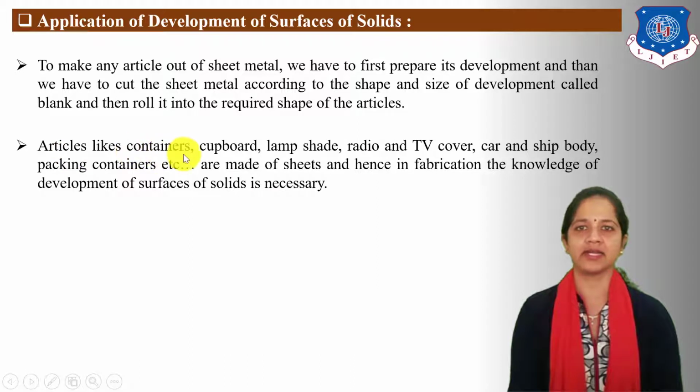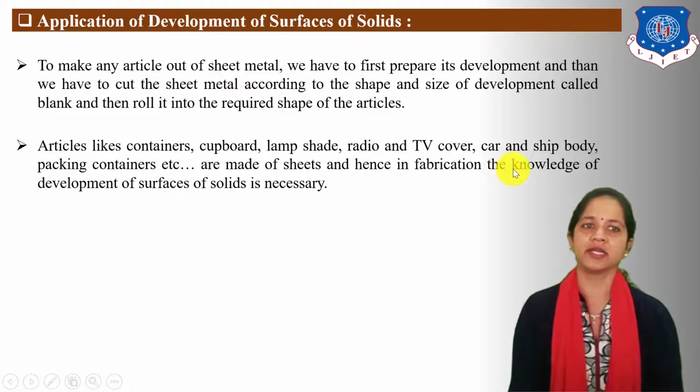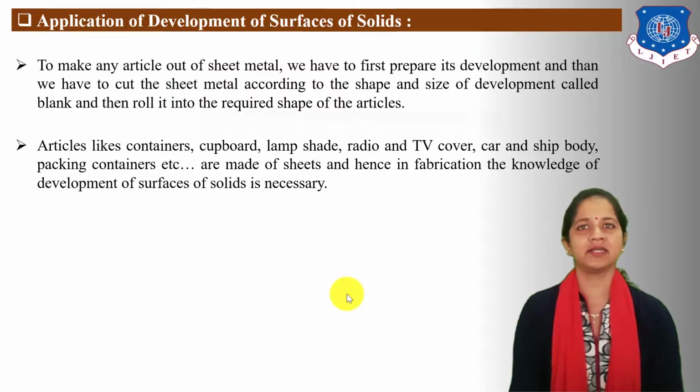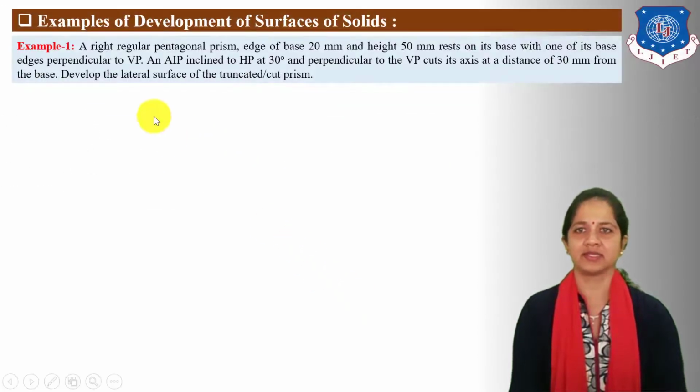Articles like containers, cupboards, lampshades, radio and TV covers, car and ship bodies, packing containers, etc. are made of sheets, and hence in fabrication the knowledge of development of surfaces of solids is necessary. Next, let us solve examples.